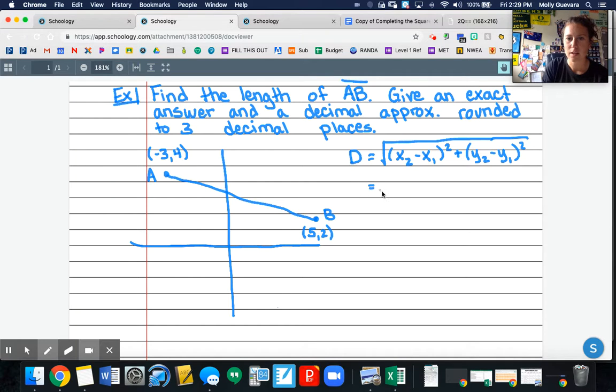And I'm just going to start plugging things in. Again, it doesn't matter which one is your x1 or your x2, as long as you stay consistent. So I'm just going to call this one the ones, and this one the twos, just for fun.